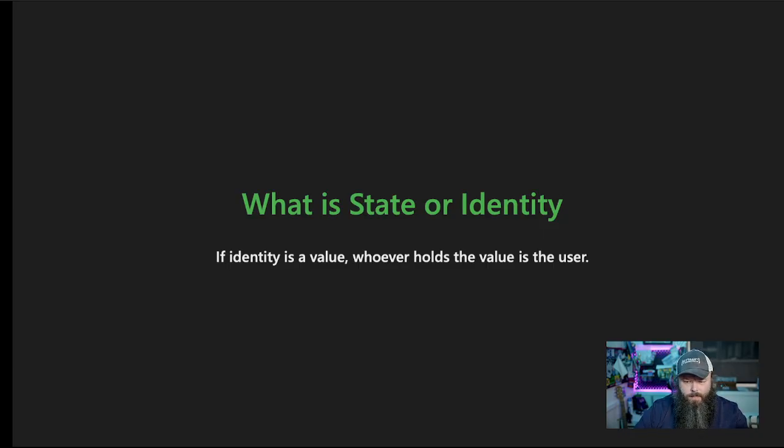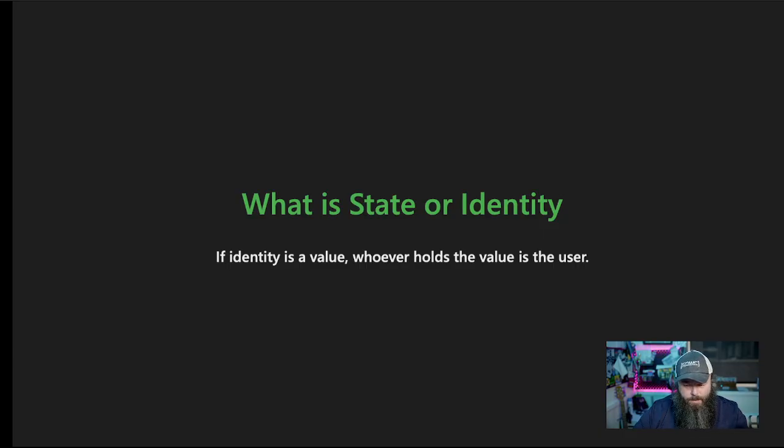From our perspective, identity is who a person is, right? We care about tying identity to a human. And there are three components of that we care about. The first of which is authentication, right? From an identity standpoint, authentication is the practice of showing that you are who you say you are.